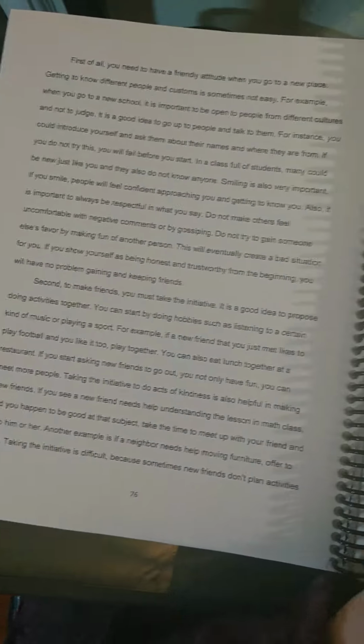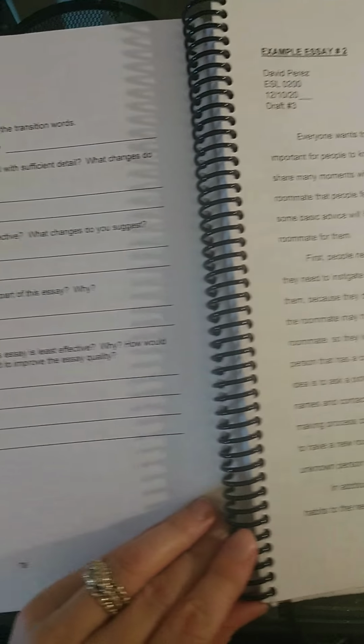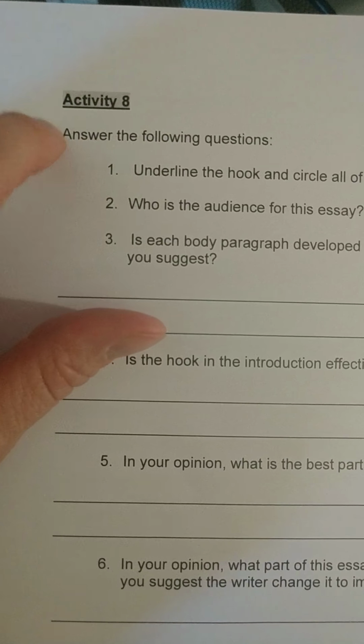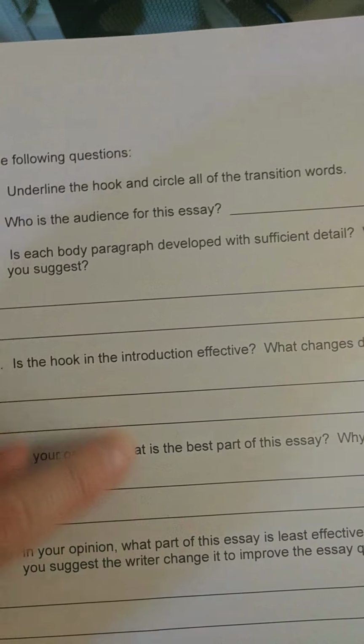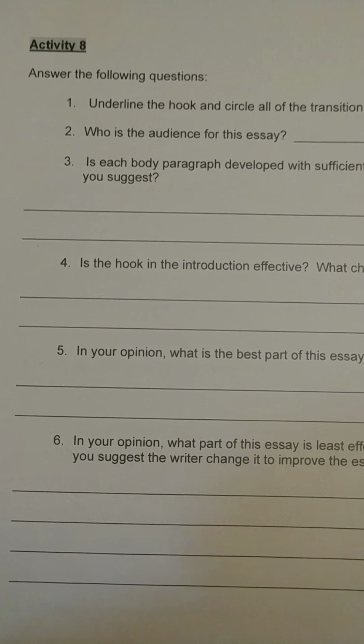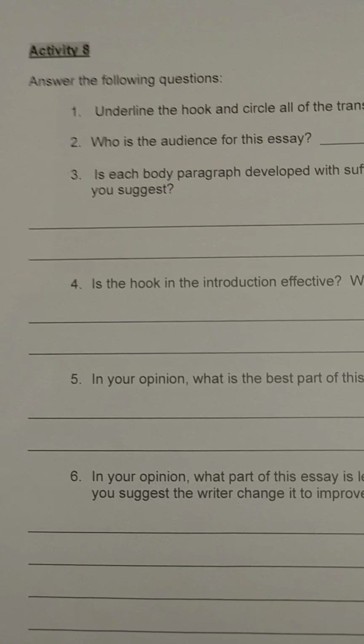And as you can see, this is a good size essay. This is how you should write your essay, the length, if you can. And then do activity 8, which is basically answering these questions, okay? All of these 3 activities, please submit to Turnitin, okay?